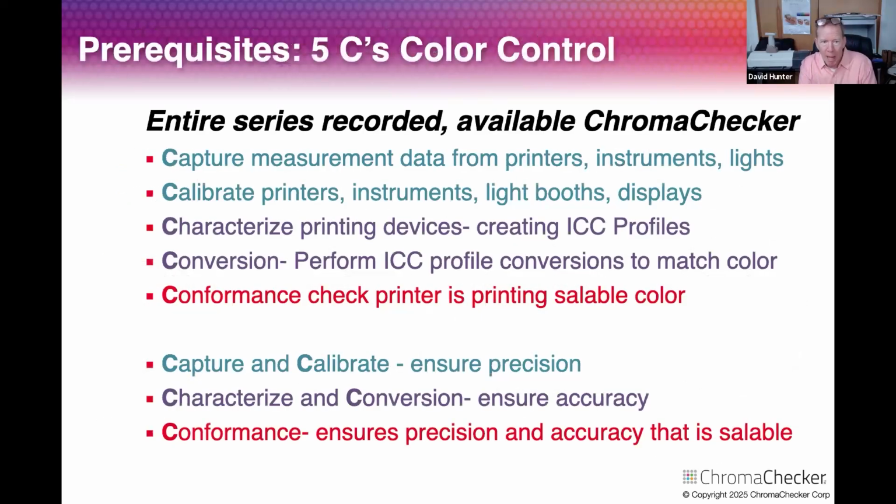So if we go back to our 5 C's, the first 2 C's are all about calibration, which ensures precision. The next 2 C's is all about ensuring accuracy. And then the 5th C ensures that everything's working together and you're printing sellable print.